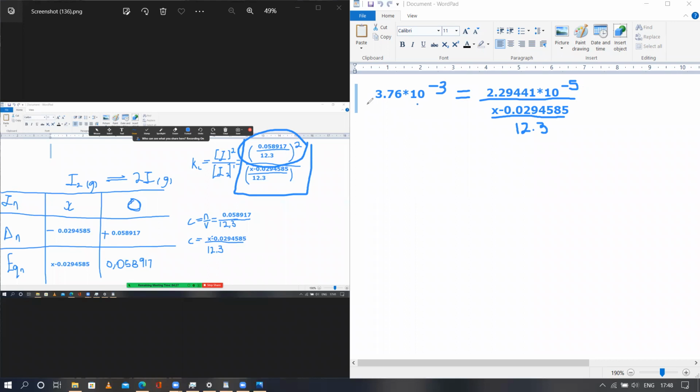So this is divided by 1. This is gonna be multiplied to that, and this is gonna be multiplied to that. So from multiplication, we're gonna get 3.76 times 10 to the exponent -3 multiplied by -0.0294585.